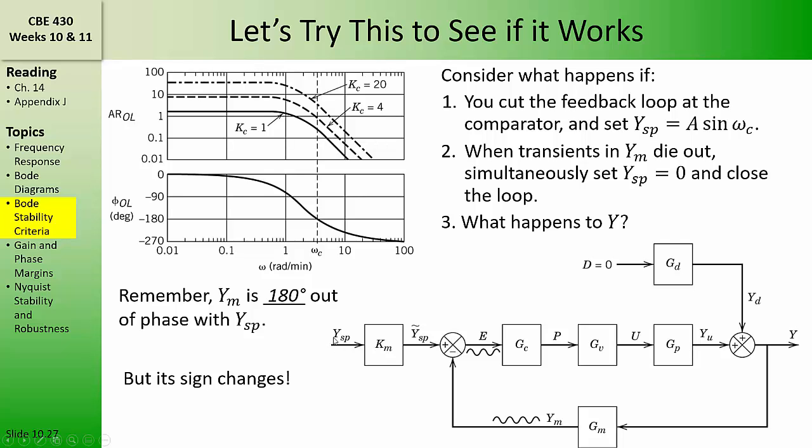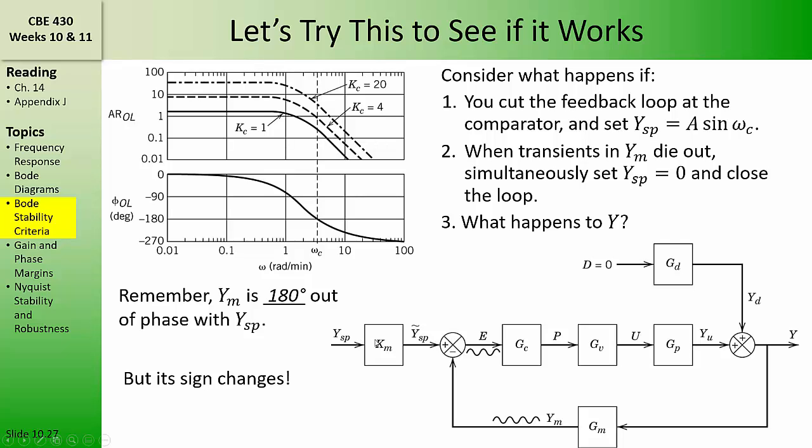So when we turn off the set point oscillation and simultaneously reconnect the control loop, that sinusoidal oscillation just continues. It neither grows nor decays because the amplitude ratio is 1, and it is exactly in phase with the signal that had previously been coming in from the set point.